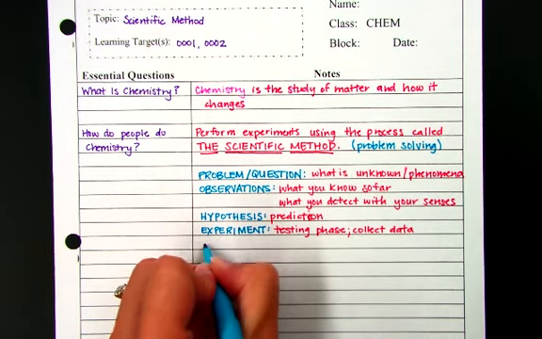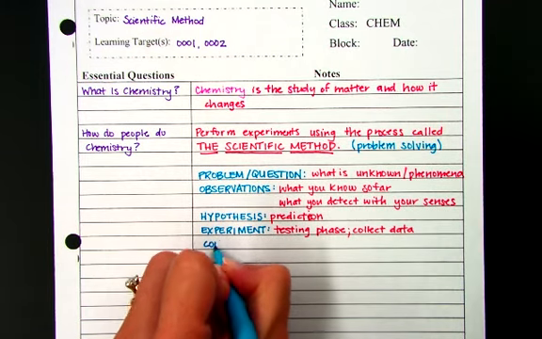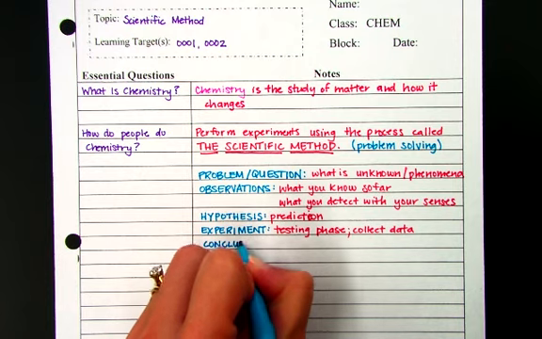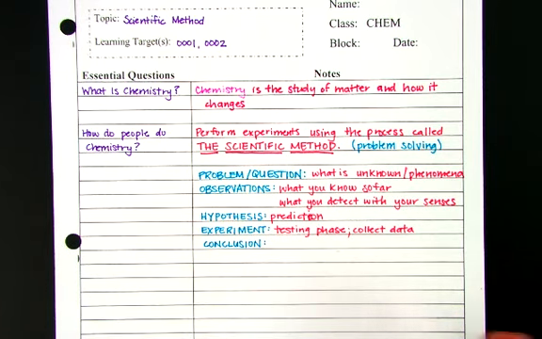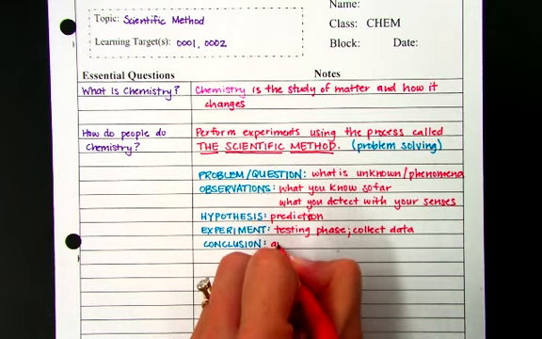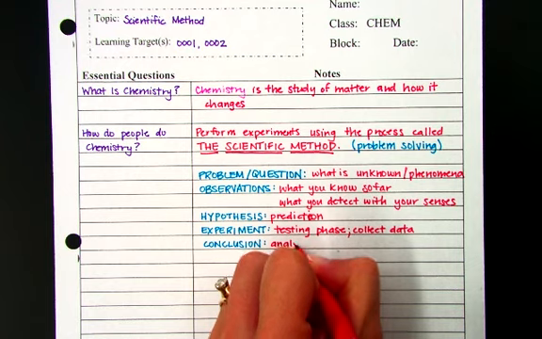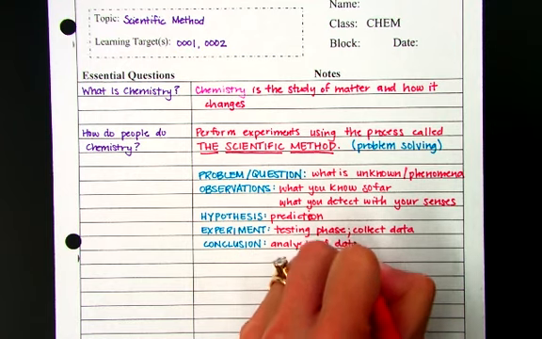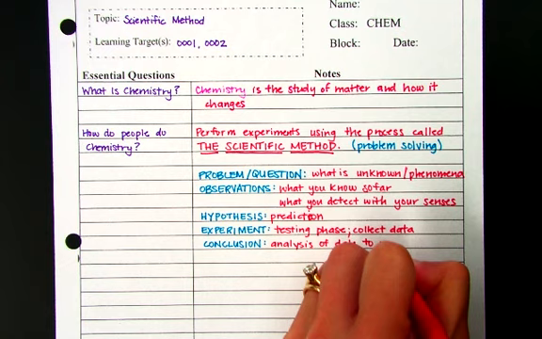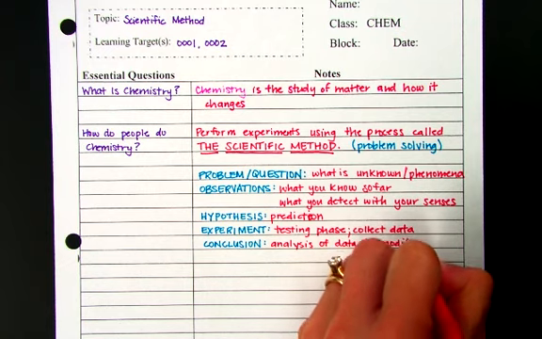Then I'm going to say there is a conclusion, but when I talk about a conclusion, it just means, for that particular problem, that you analyze the data to modify what you know already.